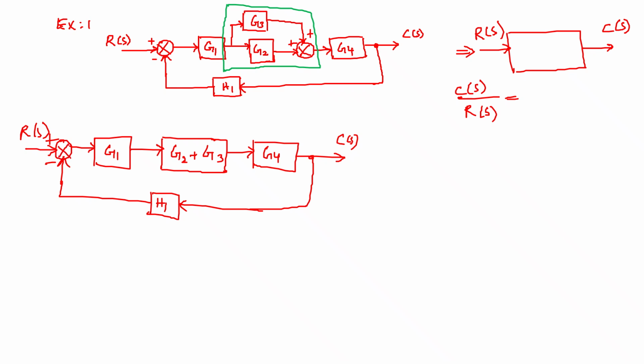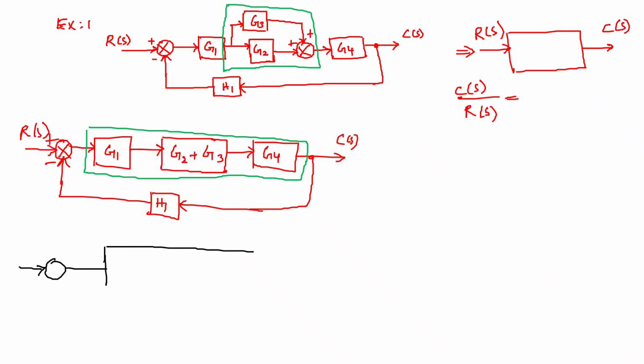Now I can find three blocks in cascade. These three blocks in cascade can be replaced with a single equivalent block. So I can redraw the block diagram by combining the available cascade blocks.